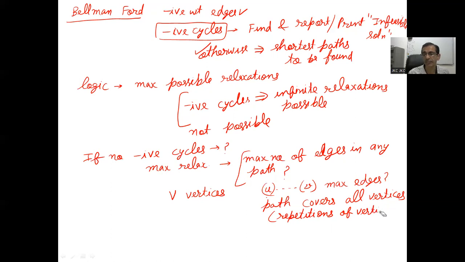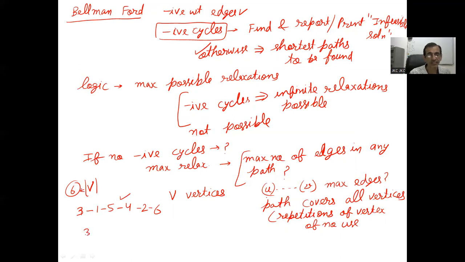Any vertex, if repeated, effectively means a cycle is being used. So, for example, I want to go from vertex 3 to vertex 6. So the path could be 3, 1, 5, 4, 2, 6. If a total of 6 vertices exist, then this can be the maximum lengthy path.